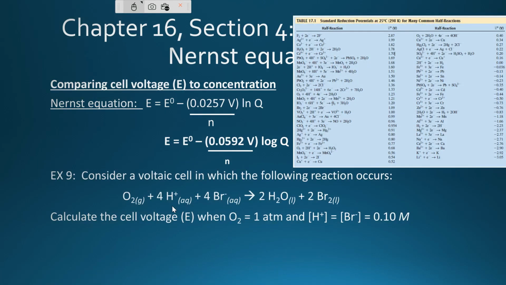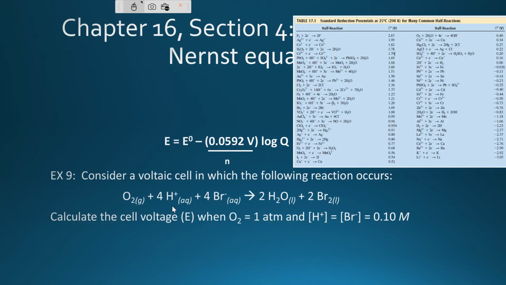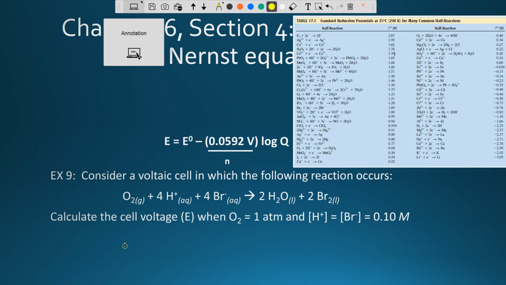So let's consider a voltaic cell in which the following reaction occurs. We have oxygen plus hydrogen ions making bromine gas, bromide, and water. For this, we've got a couple of things to be aware of. First of all, this is a +1, -1, all this fun stuff. We know how to do this, which is important because we've got to see who's oxidized, who's reduced.